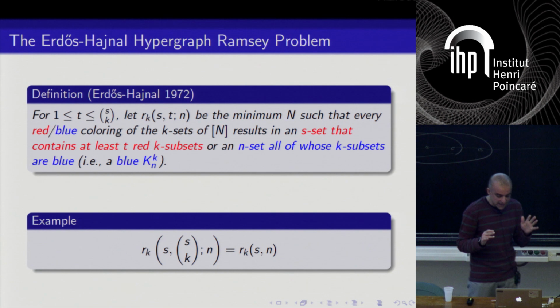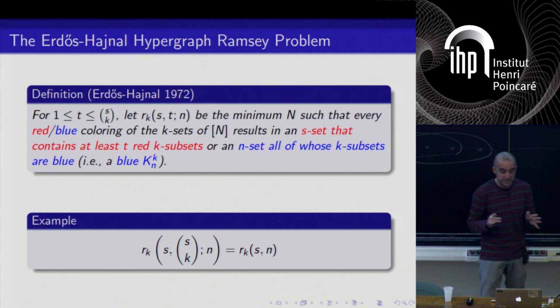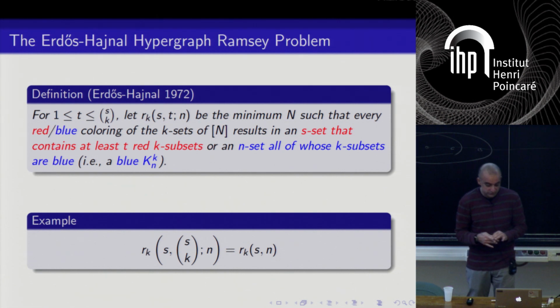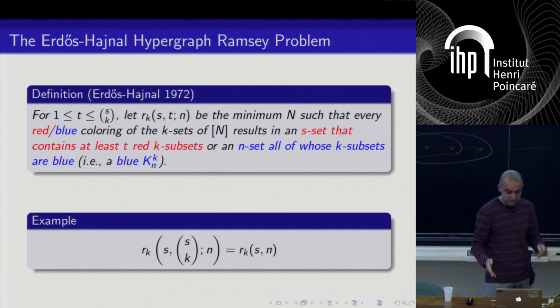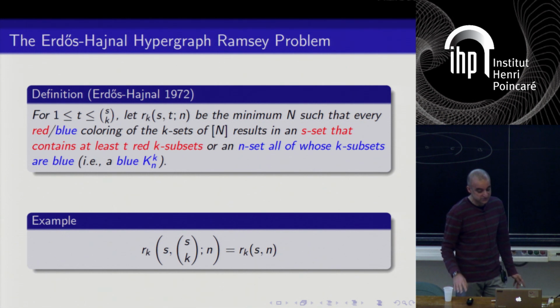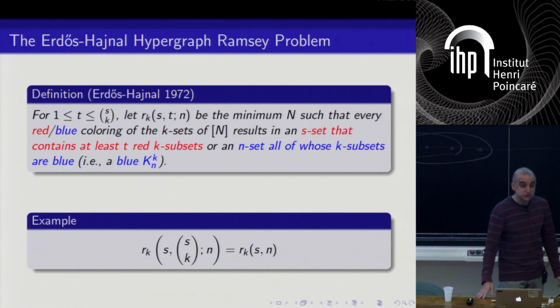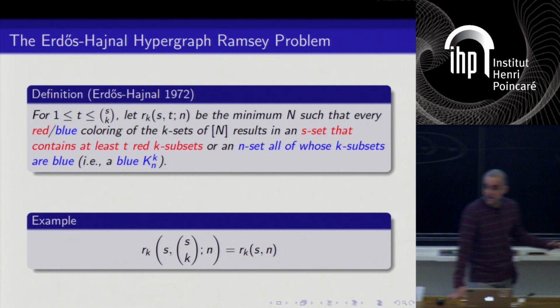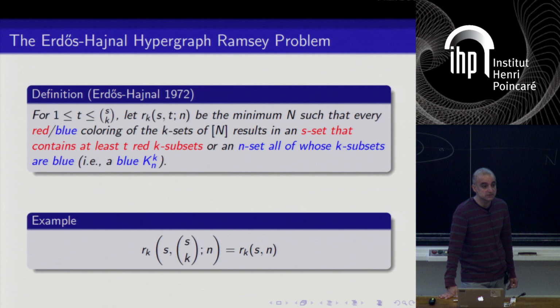So R_k(s, t, n) is the minimum capital N such that every red-blue coloring results in an s-set which has at least t red edges or a blue n-clique. Now, of course, when t is s choose k, then we want an s-set with all s choose k edges, which is just a red s-clique.